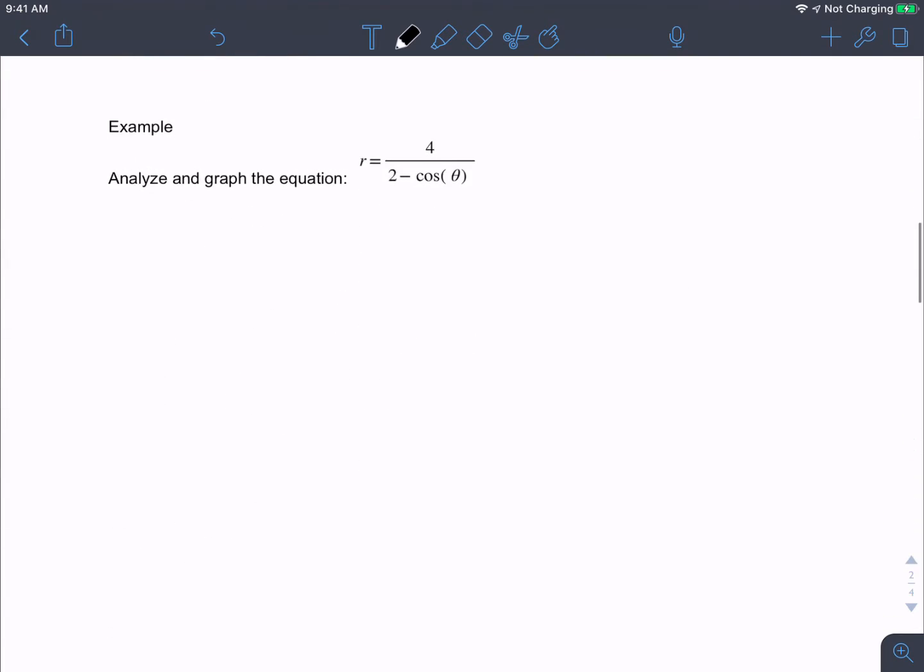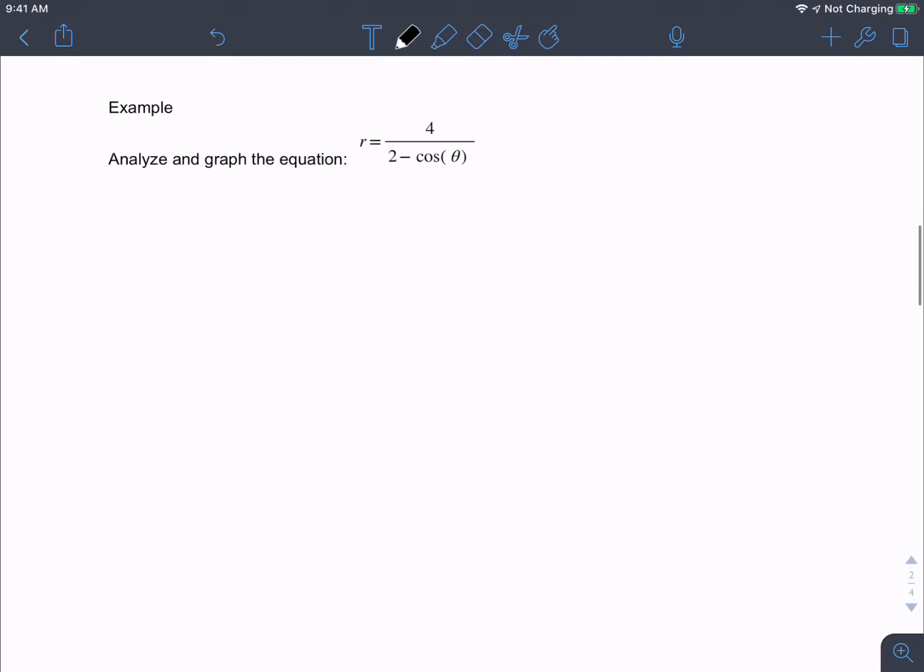So here's our example. And let me rewrite the formula so that we have it. This is supposed to be of the form r equals ep over 1 minus e cosine theta. And we can see from here that this is not in this form.